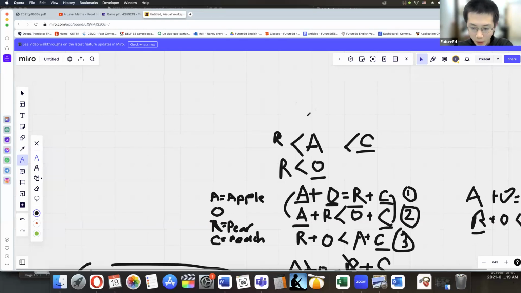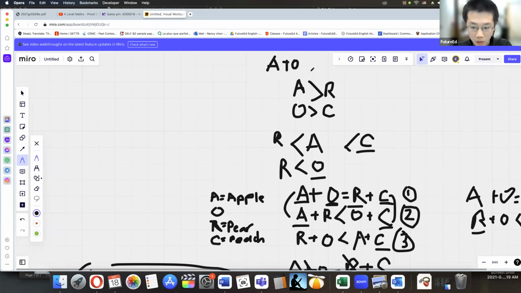If we assume that, let's take equation 1. We know that A is greater than R, and by our assumption, oranges are heavier than peaches, right? So if we add them together, what's A plus O? Well, A plus O is just A plus O, right?